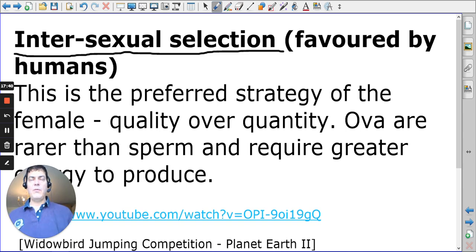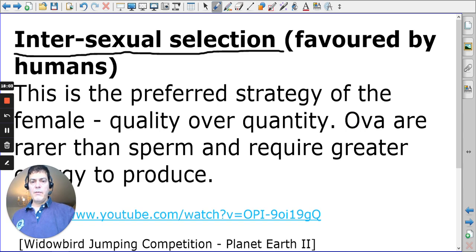But if we really look at this idea, women do potentially choose a sexual partner, and that's what intersexual selection is, being intelligent about sexual selection. And in contrast to the males fighting, the males have to compete to show that they are better.